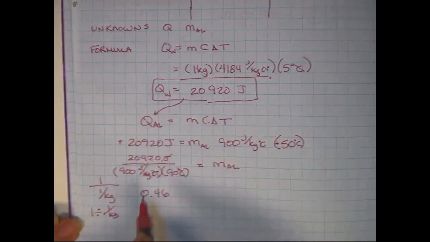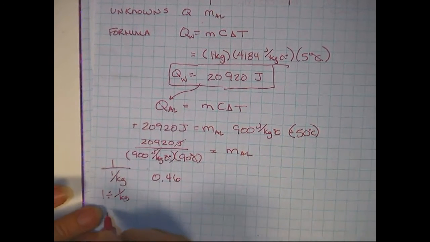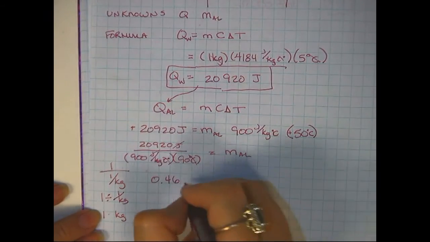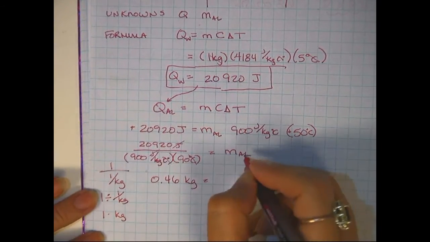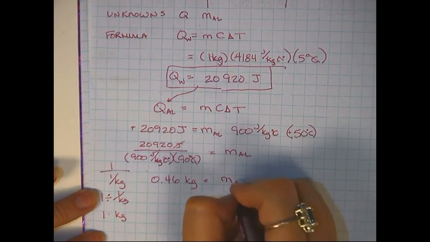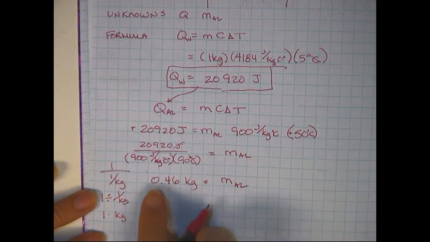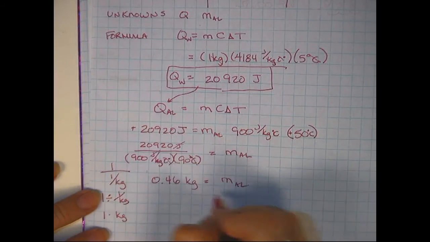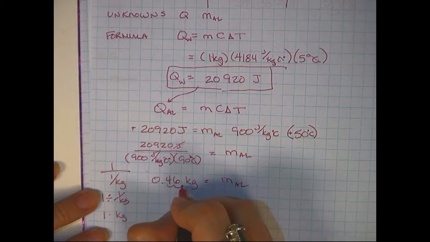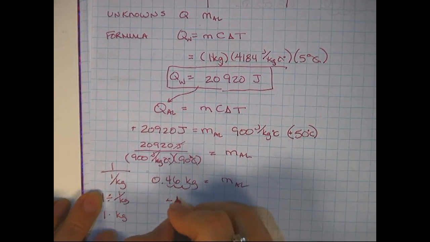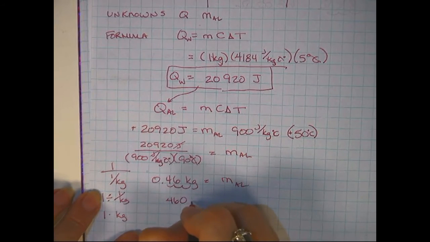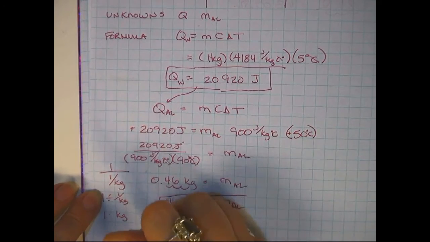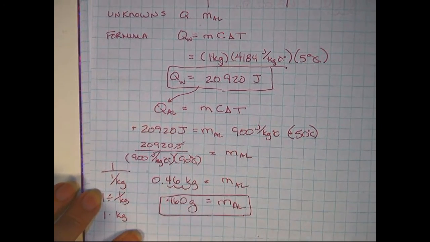And then when I'm dividing a fraction, I flip the second one when I multiply. So it really comes out looking like this. So my final units are kilograms, which are in fact the correct units for mass. Now I probably wouldn't leave it 0.46 kilograms. I would convert this over to grams by moving it over 3, and we would get 460 grams of aluminum. And we're done with that problem.